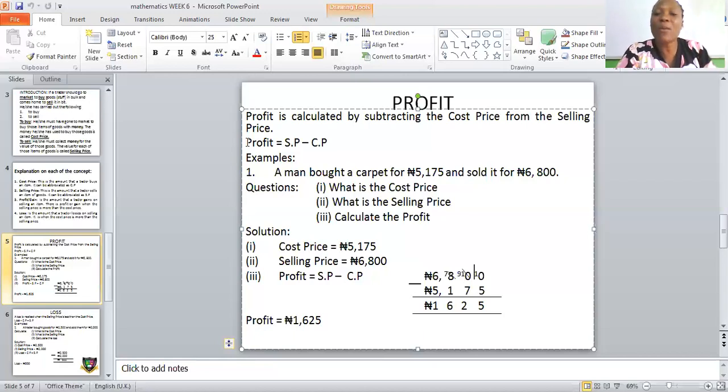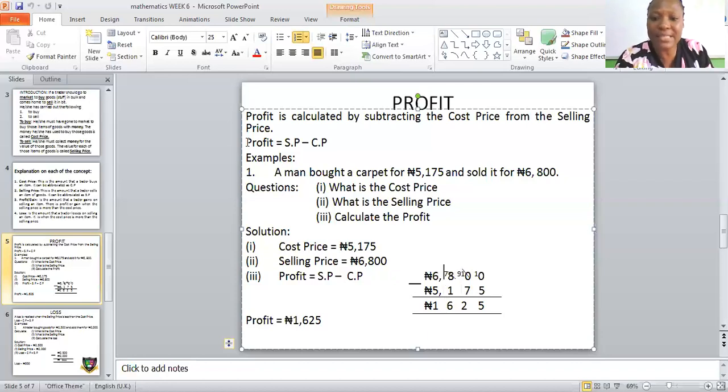Now 10 take away 5 will give us 5. Remember, this is left with 9. 9 take away 2 will give us 7. We have borrowed 1 from 8, remember? So we have 7 left. 7 take away 1, we have 6.